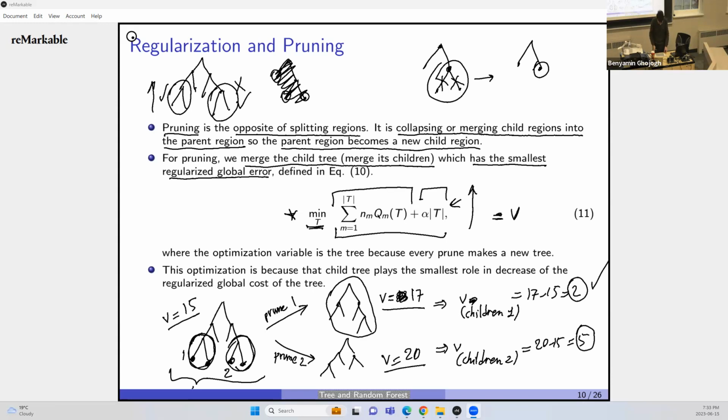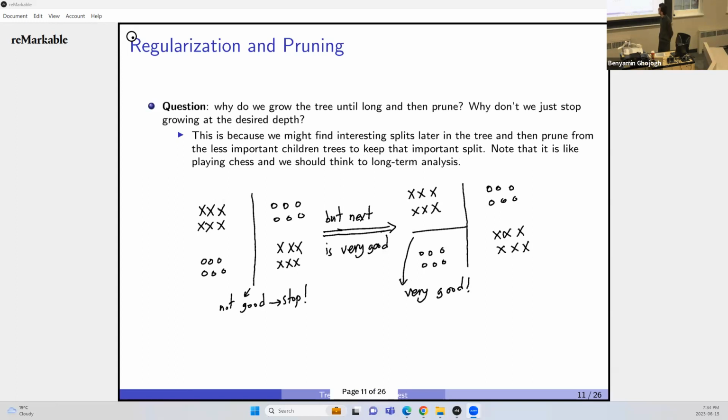Now, question. Why do we grow the tree until the end and then prune? Why do we get ourselves tired, growing the tree until the end and then pruning? We could just go until where we wanted to prune.